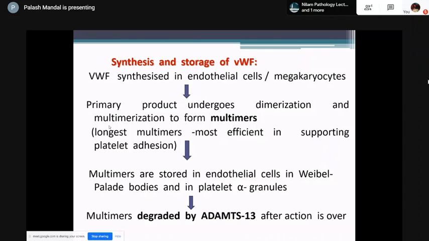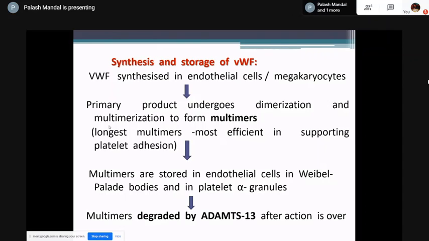It is synthesized in endothelial cells and megakaryocytes, and it forms multimers. That is the major important thing, that it never is a single entity. It forms multimers and stays together, and the largest multimers are most efficient for supporting platelet adhesion, because von Willebrand factor's main role is the formation of the primary platelet plug.